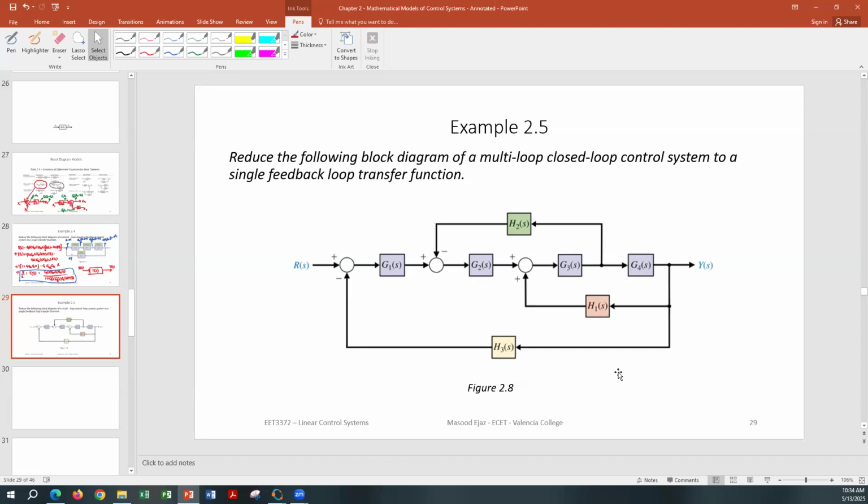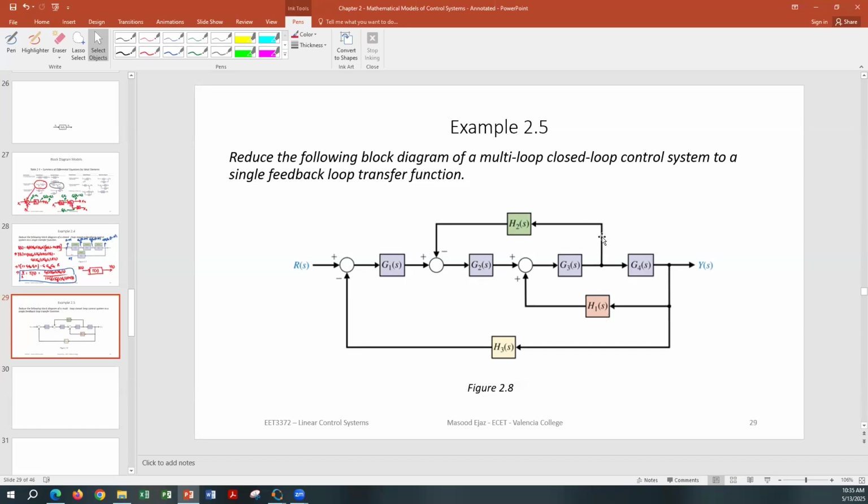So what we are going to do first, we are going to move this point behind G4. And then we are going to simplify the smaller loop. Once we simplify the smaller one, replace it by a single block, then we can simplify the bigger one, the one on the top. And then once we simplify that, we're going to come back to the biggest one, which is at the bottom. So that's the plan to solve this block diagram.